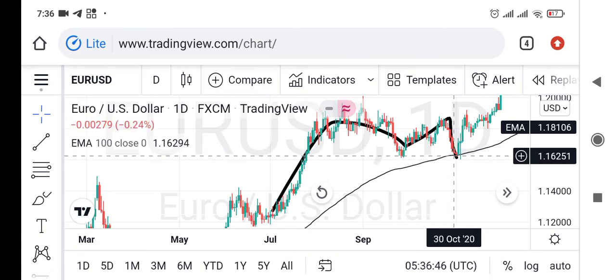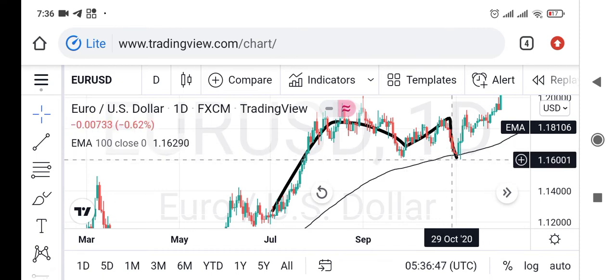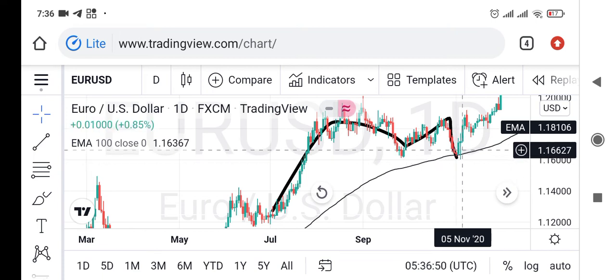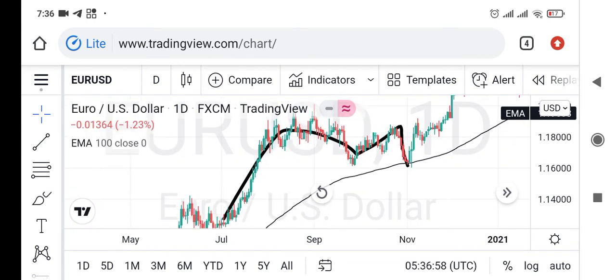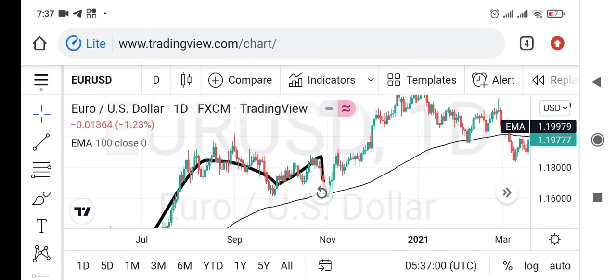And now when the market hits this support in the moving average, it acts like a trend line. You could have taken your trade right there and won another market.